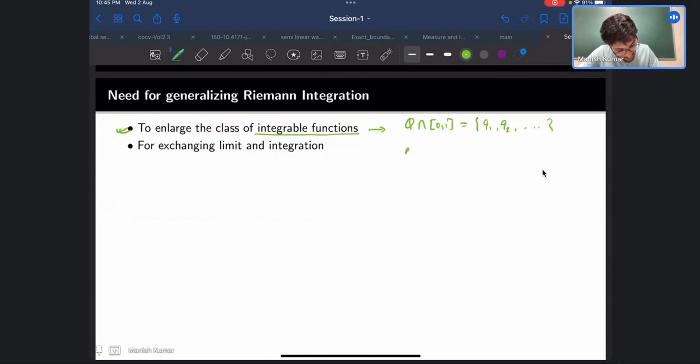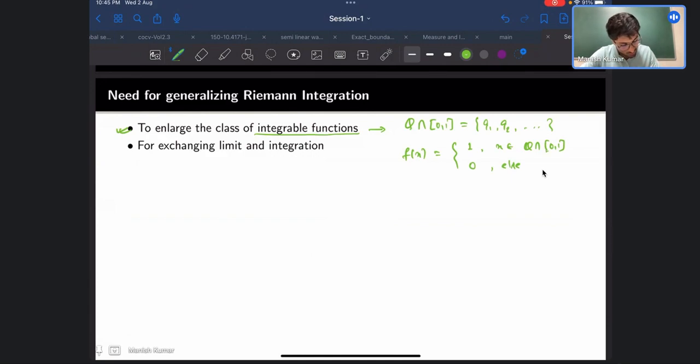Now consider the function f of x, which is given by 1 when x belongs to Q intersection [0, 1] and 0 else. That is, if x is irrational in the interval [0, 1], then we are taking the function to be 0.